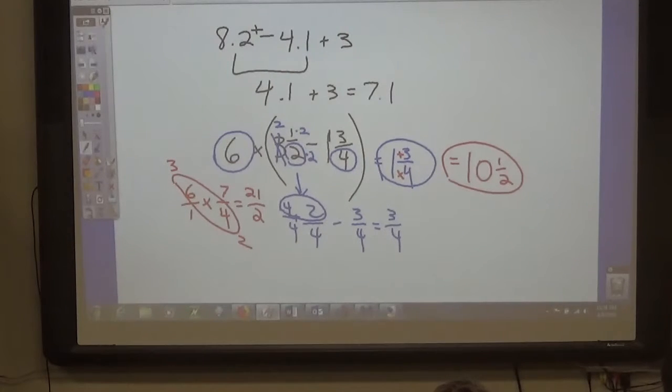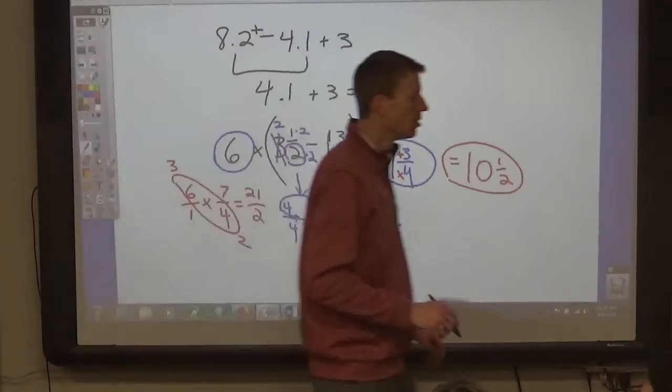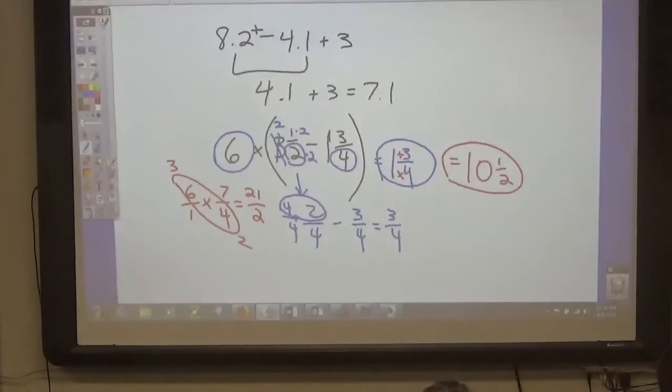Armand, how come on number 1 we did the subtraction first? Because that's just subtraction and addition, isn't it? So when you have subtraction and addition, that's in the same step in the order of operations. That's step 4.